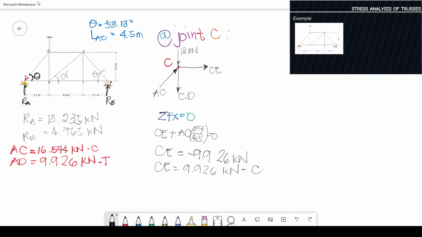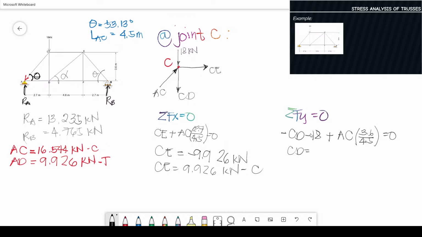Summation of Fy equals 0. That is negative CD minus 18 plus AC sine theta, or AC times 3.6 over 4.5, equals 0.